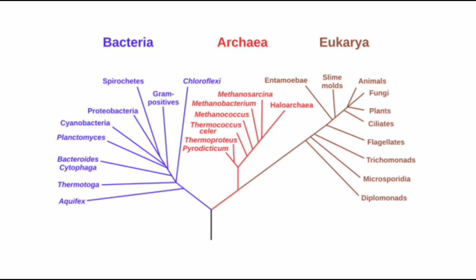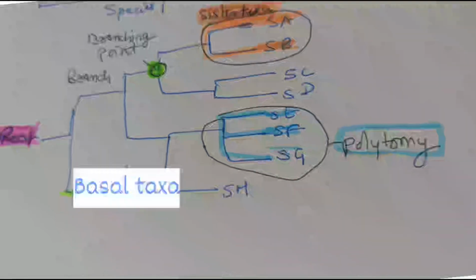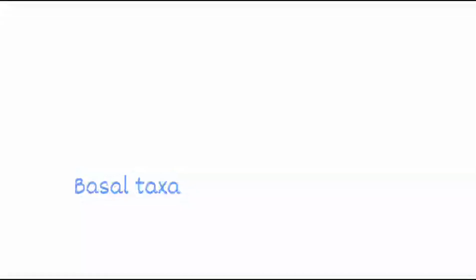A phylogenetic tree is drawn like a branching tree, and the branch length is proportional to the evolutionary distance, unlike the cladogram. Sister taxa is a term that describes two lineages that come from the same branch point or node. A rooted phylogenetic tree shows the common ancestor of all the species in the tree, while an unrooted phylogenetic tree does not. A basal taxon is a lineage that does not branch again after it branches from the root.